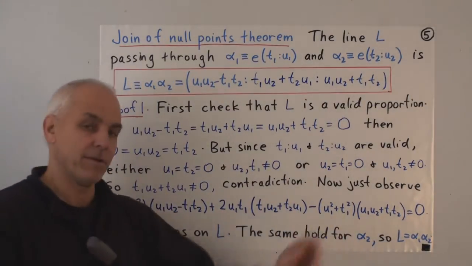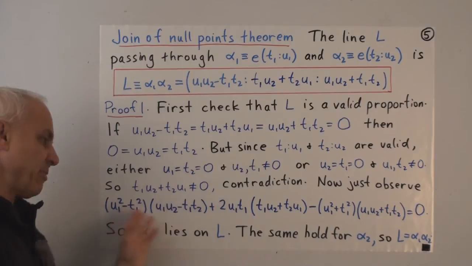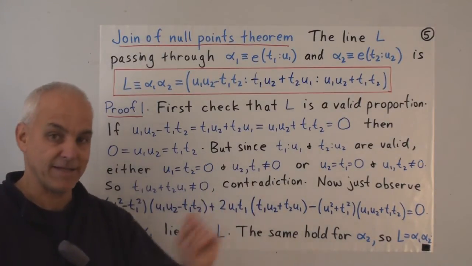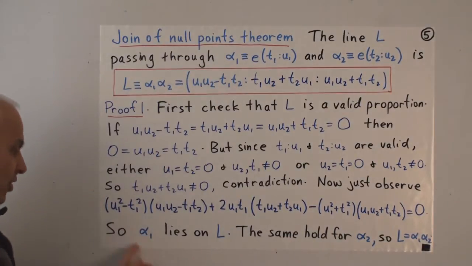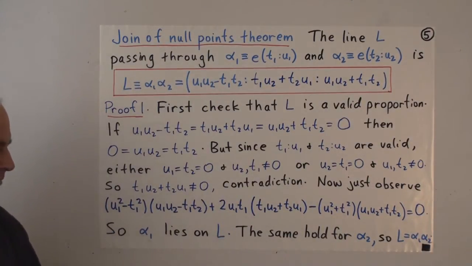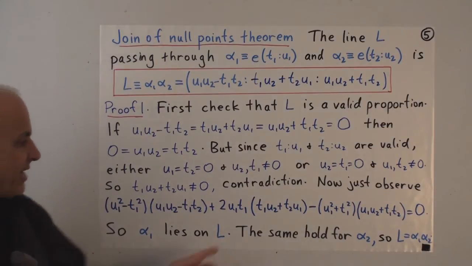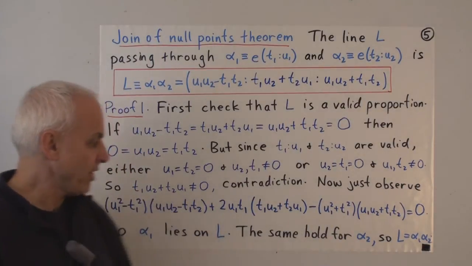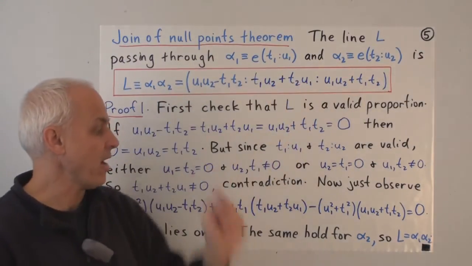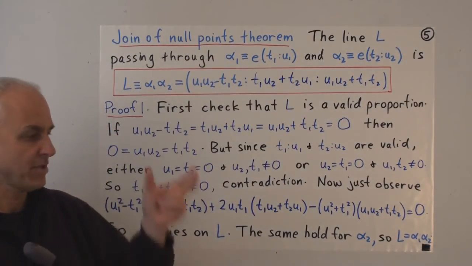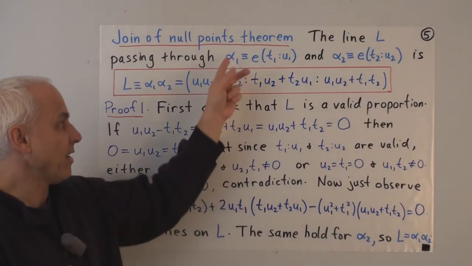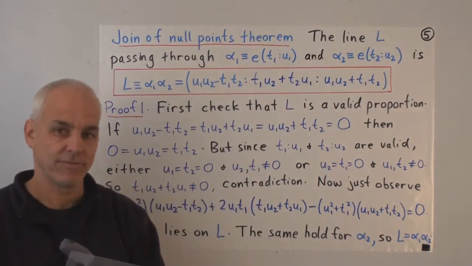And that is an identity. Just expand it out and you will see that all the things cancel. You do in fact get 0. So alpha 1 necessarily lies on L. And the argument is symmetric. Exactly the same thing holds for alpha 2. So this expression has the property that both these points lie on it. So if those points are distinct, then this is indeed the line passing through those two null points.